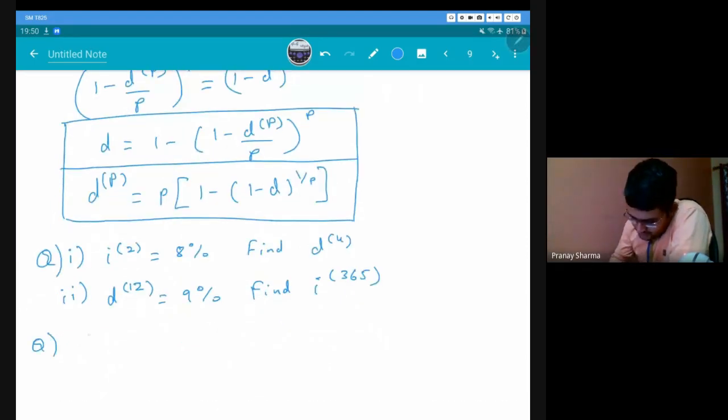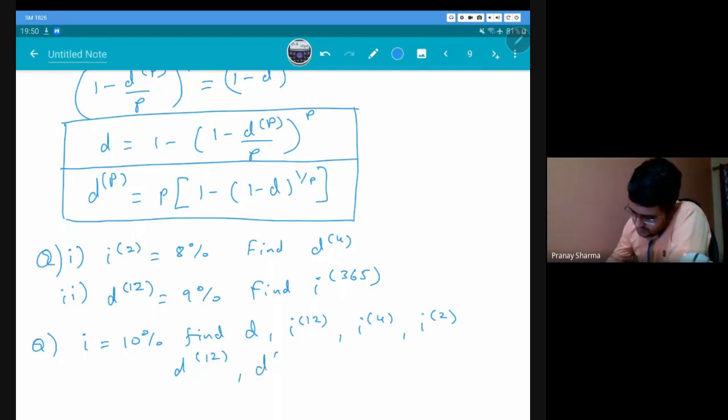I'll give you more homework. Definitely do this today so that you remember the concepts very nicely tomorrow, and you can ask me if you get any doubts. So let's say for I equals 10%, find D, find I12, I4, I2, let's say D12, D4, D2.